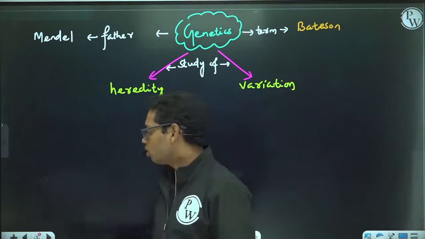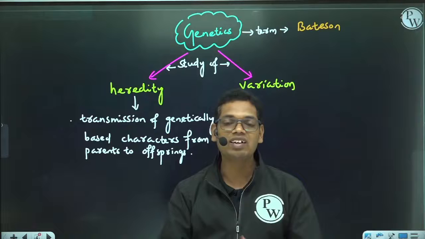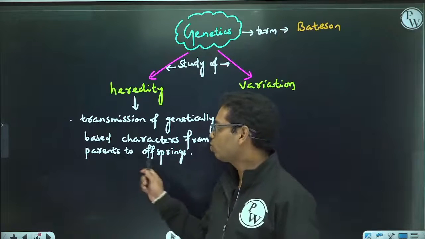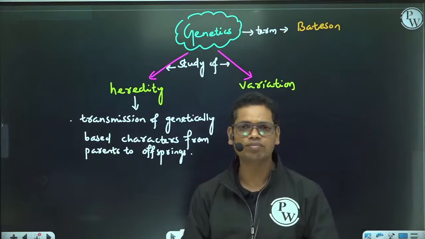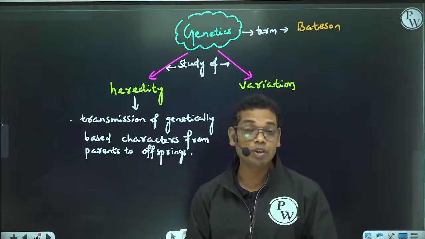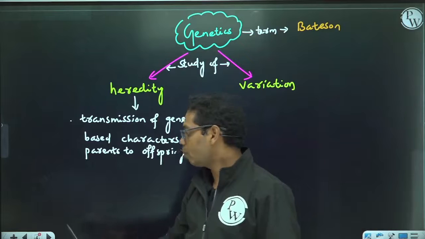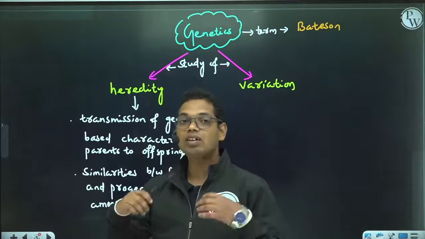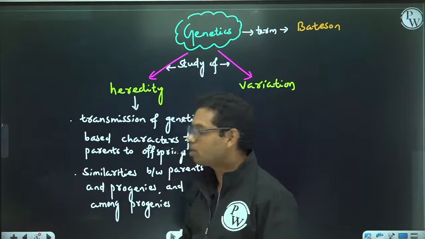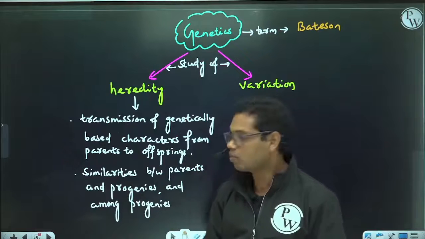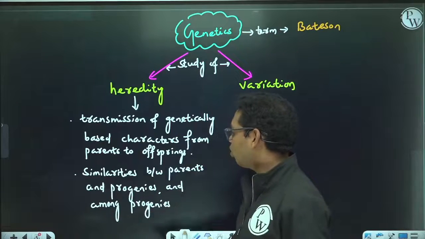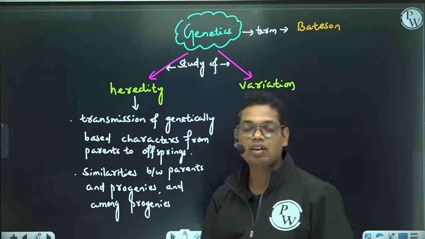This transmission of genetically based characters from the parents to the progeny or offspring is called heredity. Because these characters have been transmitted from the parent to the progeny, the parent and the progeny, and even the progenies among themselves, show some similarities with each other. The similarities between parent and progeny or among the progeny are due to heredity.